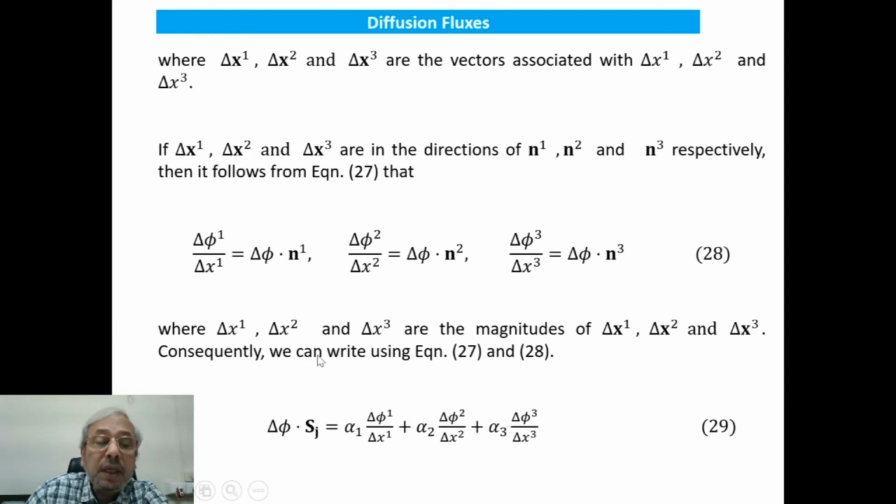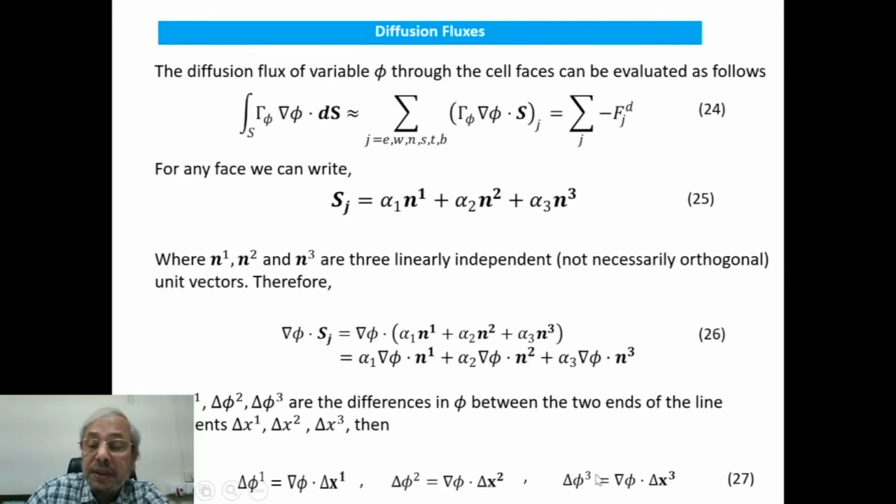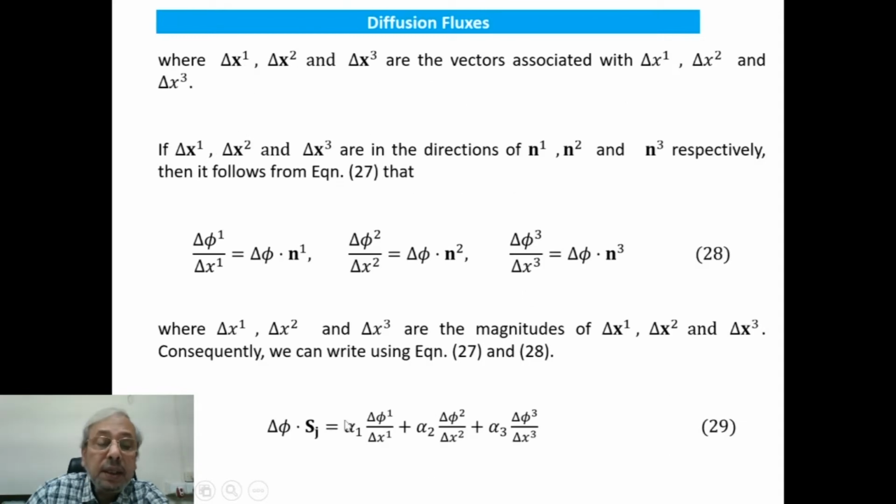These x's are bold and are basically the vectors. So consequently, if we look at equations 27 and 28, from both we can write grad phi dot Sj, the surface vector, is basically alpha 1 delta phi 1 by delta x1 plus alpha 2 delta phi 2 by delta x2 plus alpha 3 into delta phi 3 by delta x3.